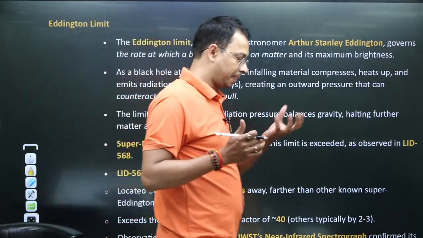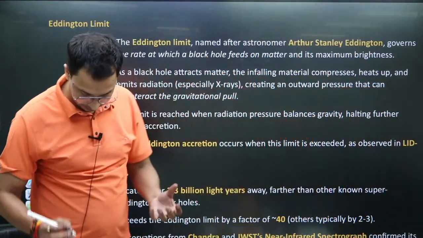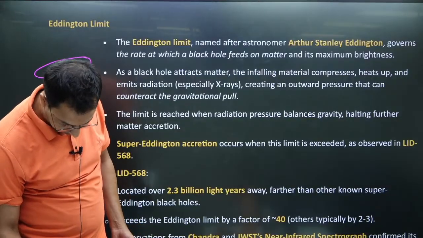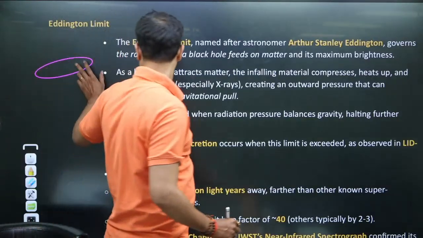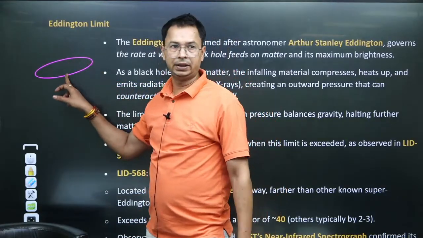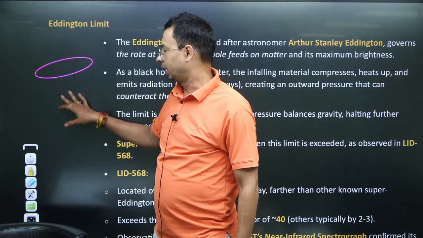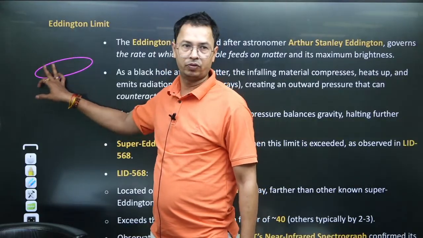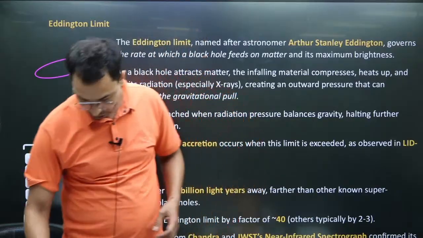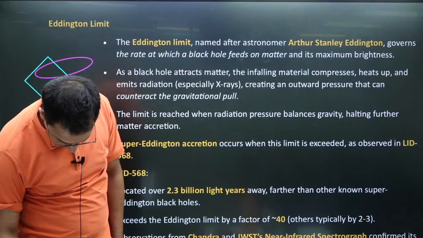Now see what happens, you know that in the black hole we have an event horizon. If anything goes inside the event horizon, then that thing can never come back. Here we have an immense amount of gravity.